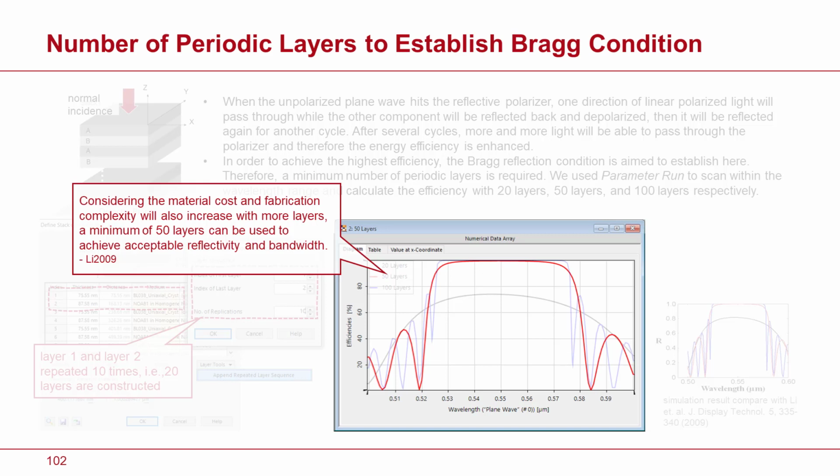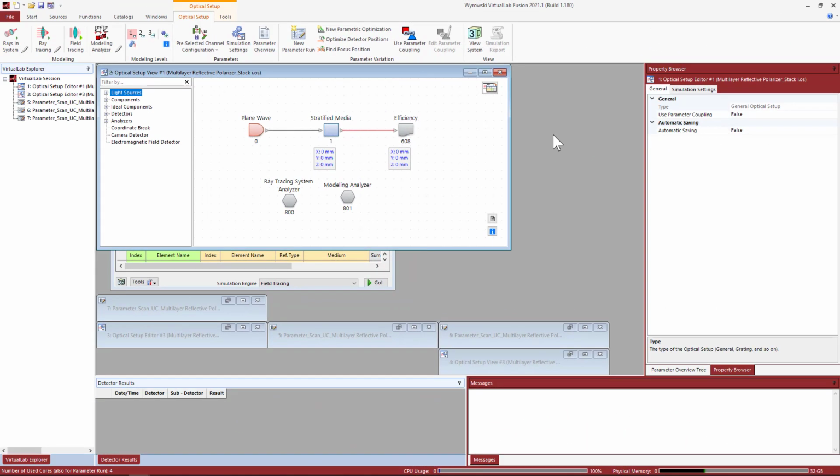And let's close this with a brief look into VirtualLab Fusion, at how those layers, isotropic and anisotropic, can be combined in a single coating, as we discussed. Here we are again. We have a very simple, straightforward setup with a plane wave source, a stratified media component, and an efficiency detector.